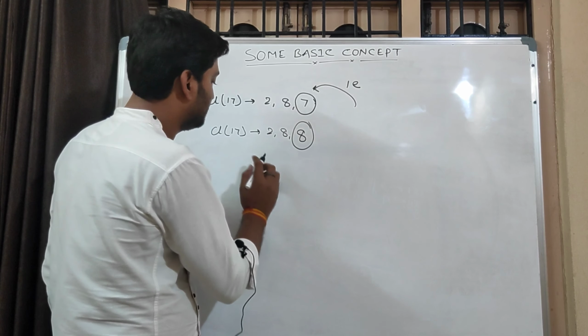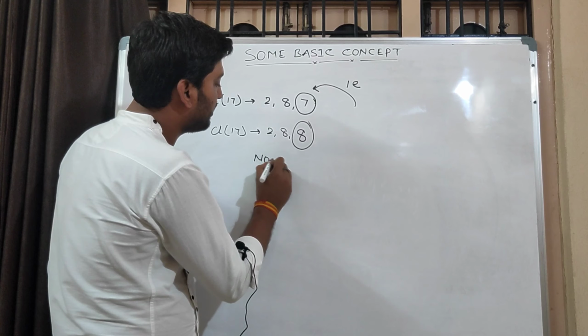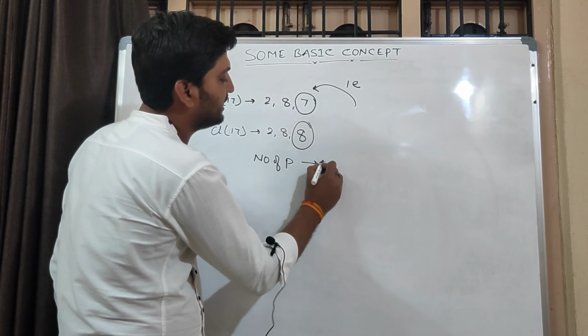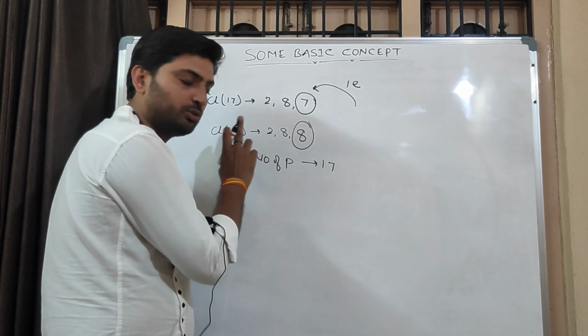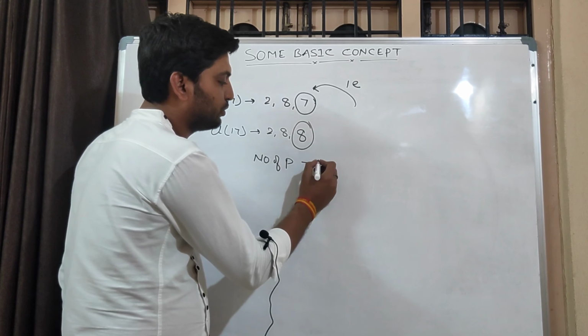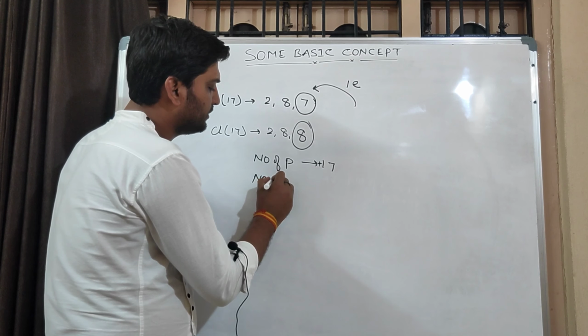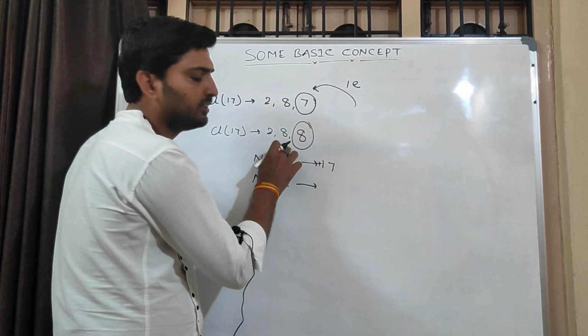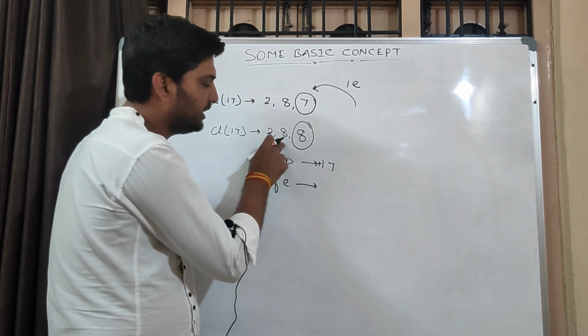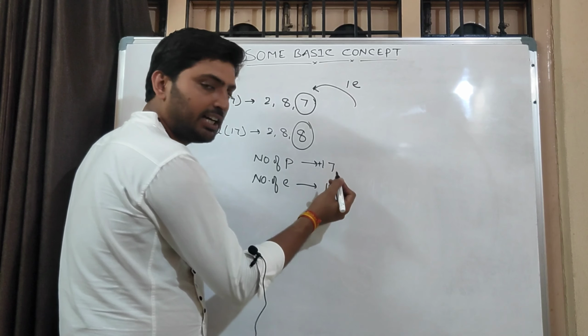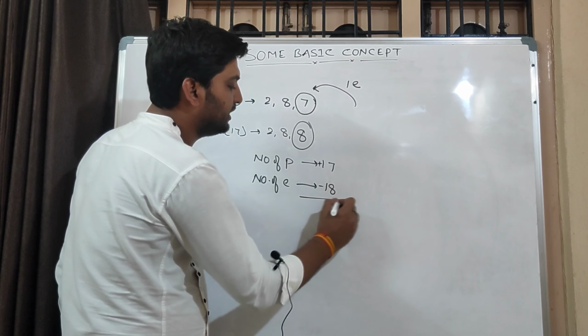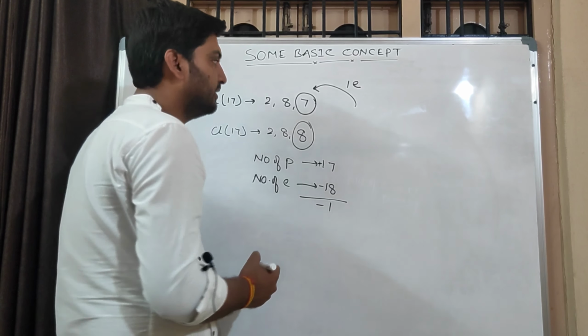But in this case, see, the number of protons is still 17, because the atomic number is 17, so the total charge will be plus 17. Number of electrons here is 8 plus 8, 16, plus 2, 18, and total charge minus 18. So it will become minus 1.